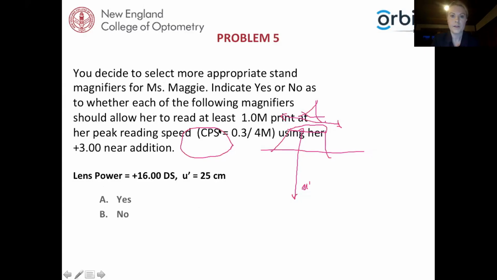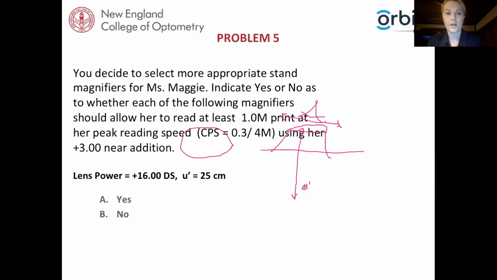So for this next question, our last problem, I'm asking, is the magnifier appropriate for this patient? We do a reading assessment with this patient.